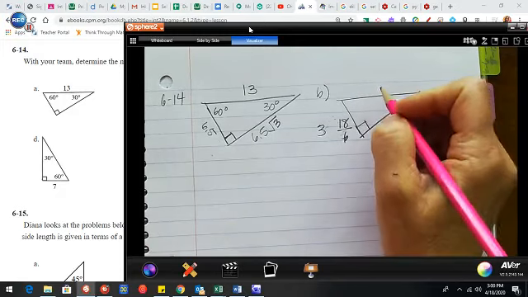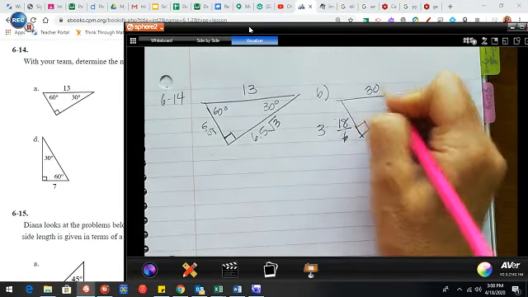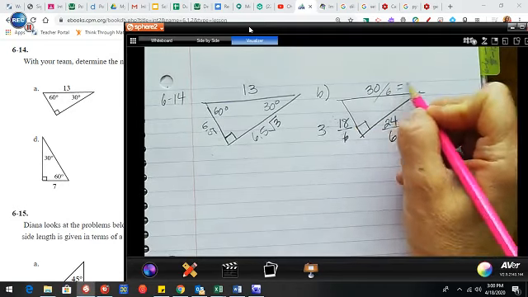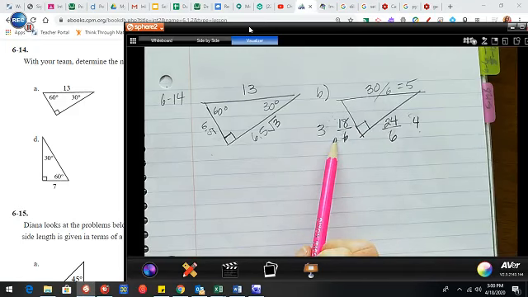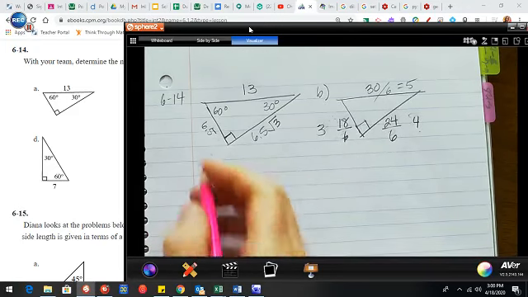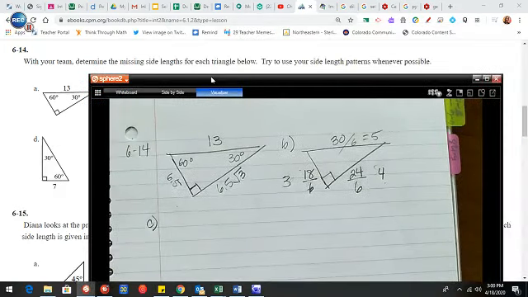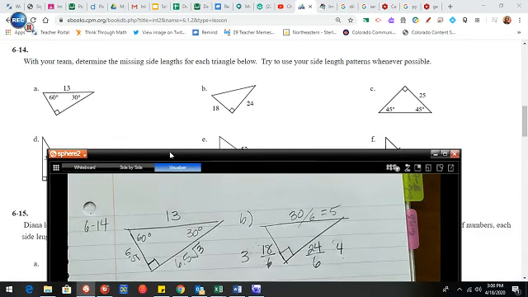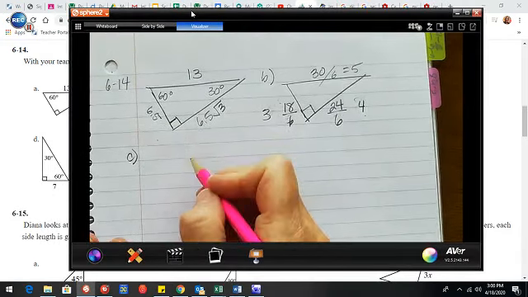This would be 5 times 6. So this would be 30. 30 divided by 6 is 5. So these are a little bit hard to figure out, but once you do enough of these, you'll start remembering them. Okay, part C, you have a 45, 45, 90 triangle with a leg that is 25.